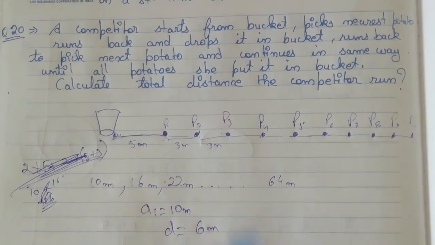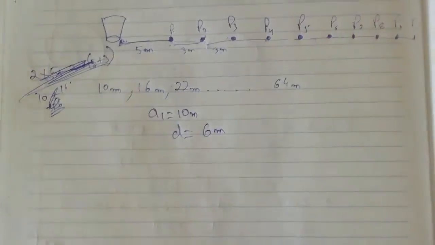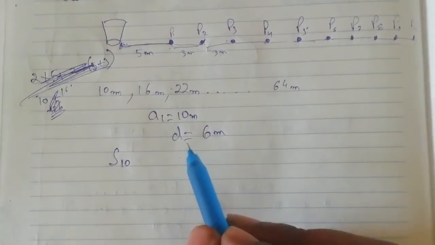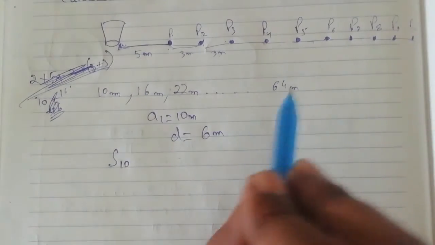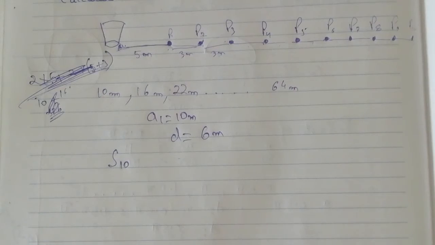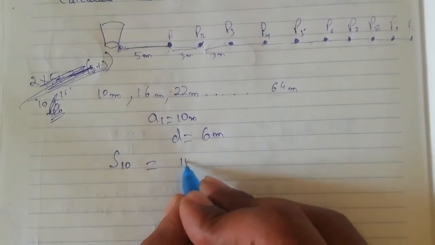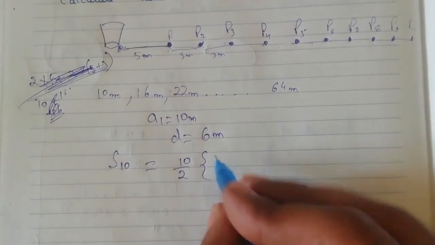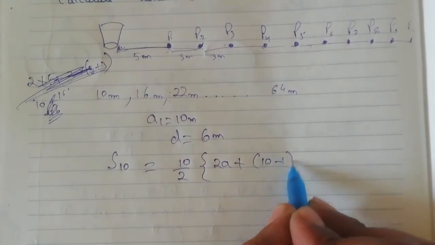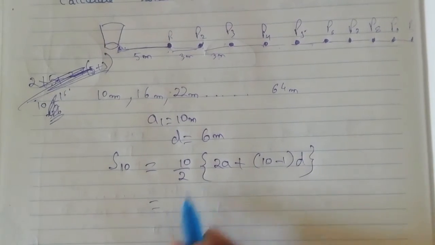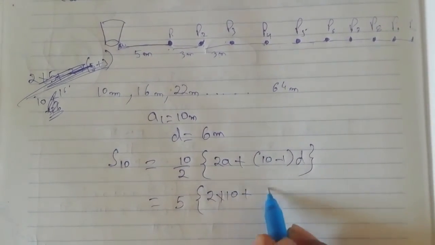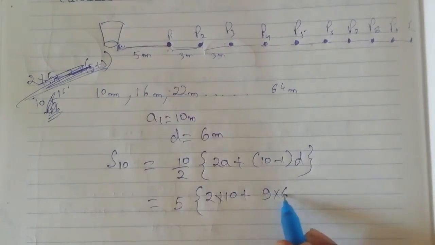The total distance covered by her is nothing but the sum of the 10 terms, because there are 10 potatoes, and 10 times she has to reach a potato, grab it, come back and put it in the basket. So S10 can be given as 10 by 2 into (2a plus (n minus 1) into d), where n minus 1 means 10 minus 1. Here we put in the values: 2 into 10 plus 9 times 6.